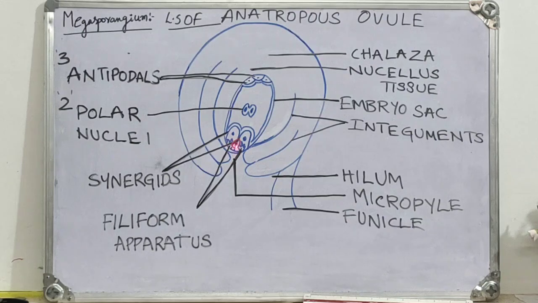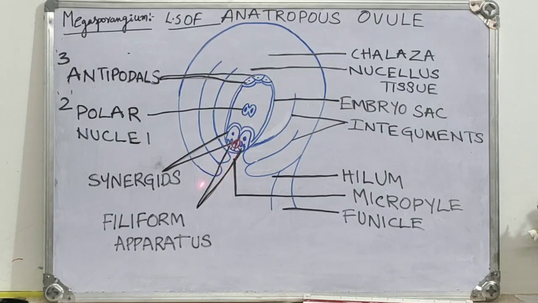Before entering, what happens? Here, please observe students, finger-like projections are there. They are nothing but cytoplasmic projections only, and those finger-like projections are said to be the filiform apparatus. Very, very important filiform apparatus for the NEET exam, because this filiform apparatus only will guide the pollen tube where to enter and where not to enter.